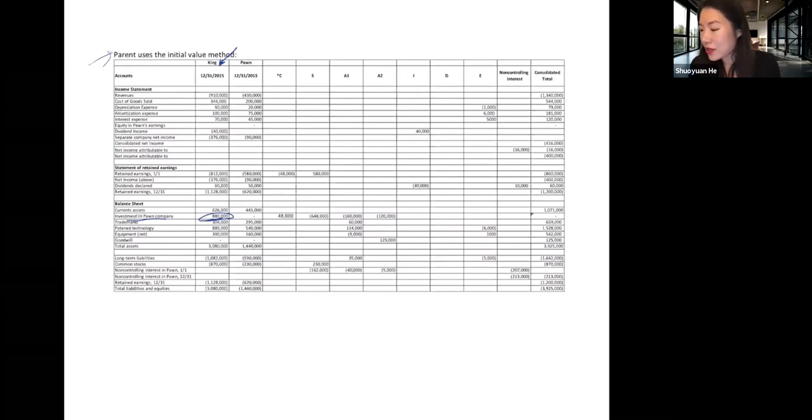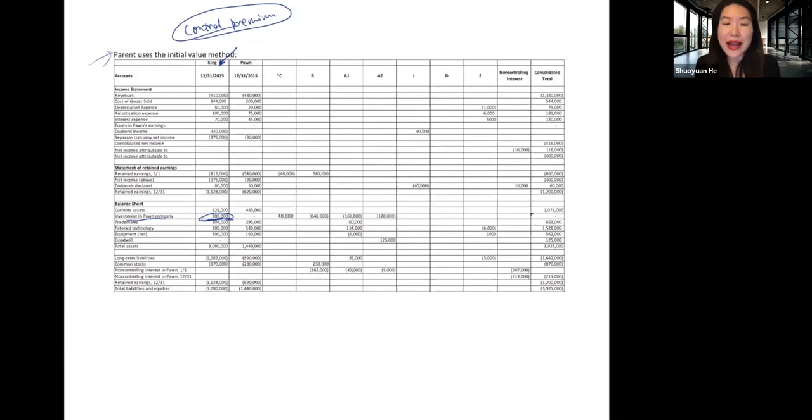This is a continuation of the example we went over in today's class, the control premium example. So your investment account should always be equal to the initial investment, which is 880 in this situation.